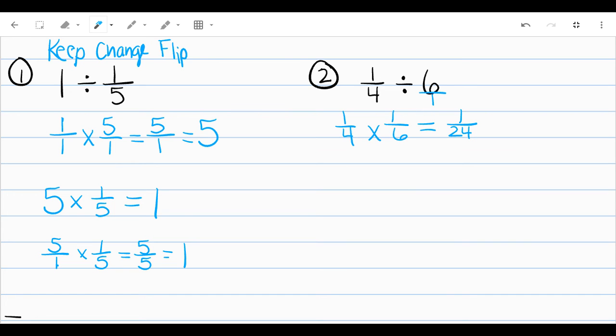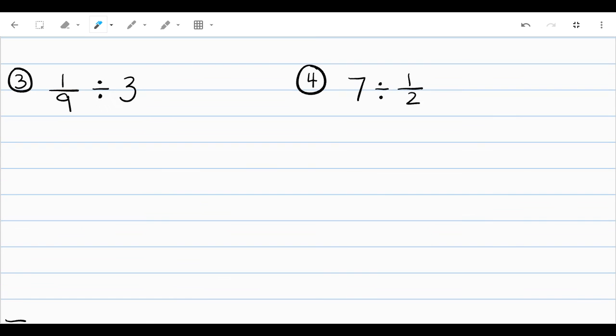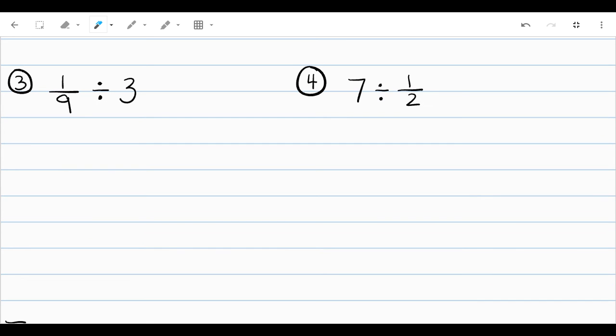Okay, now let's look at number 3. We have 1/9 divided by 3. So let's make our 3 a fraction. 3 over 1. We can just put our whole number over 1 because dividing by 1 keeps the number the same. So we're going to keep the first fraction, 1/9.